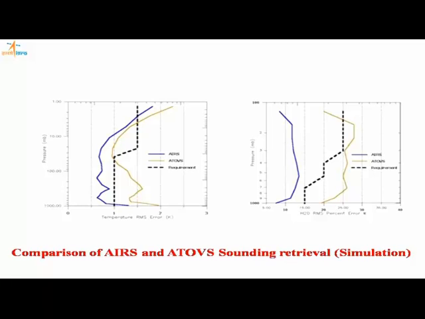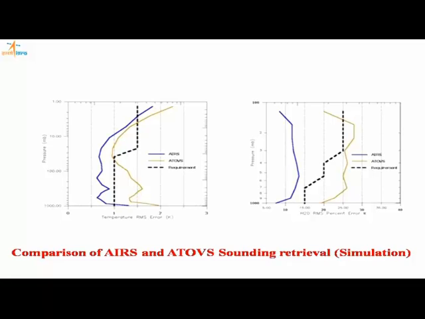This yellow curve shows the accuracy of temperature profile from a multispectral sounder, and this blue curve shows the accuracy of temperature profile from a hyperspectral sounder. So there is a drastic improvement from multispectral to hyperspectral sounder. These are results of air sounding, and this is for the water vapor. Water vapor accuracy has improved from 30% to about 10 to 15% in the hyperspectral sounder.